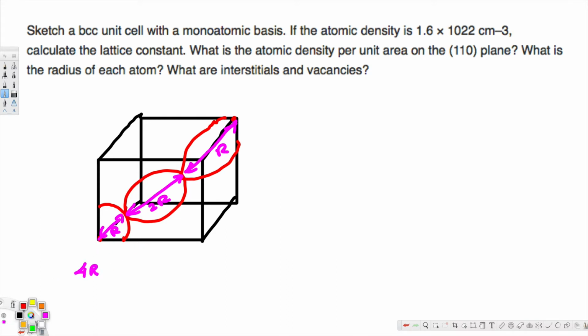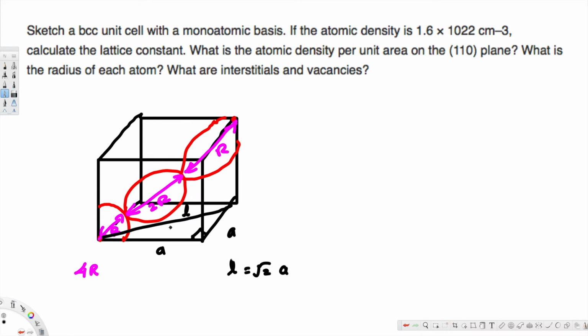And if you look at the bottom part from here to here, since this is A, this is also A, let's say this is L. If you use the Pythagorean theorem, L square is going to be equal to A square plus A square, 2A square, and if you take the square root, that's going to be square root of 2A. So that's going to be equal to L.